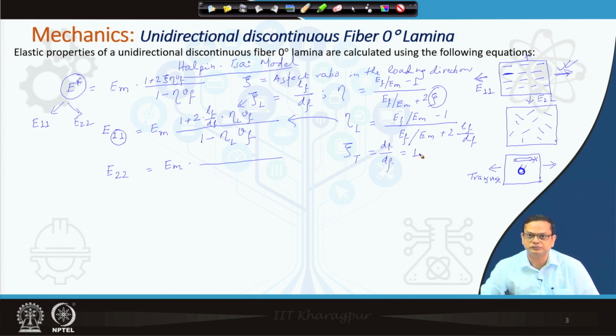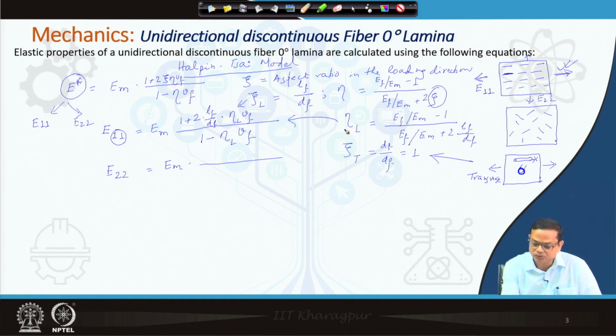From here you can see how the xi value changes depending upon the direction of loading, either longitudinal or transverse. Based on those loading directions, the xi L value and xi T value are changing.